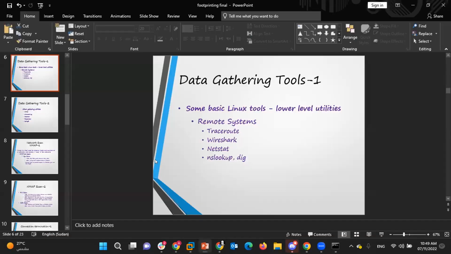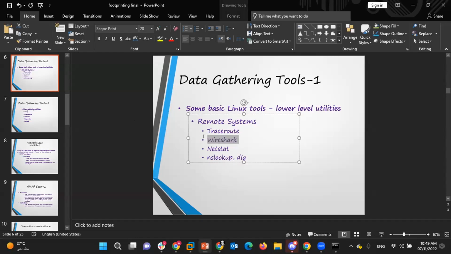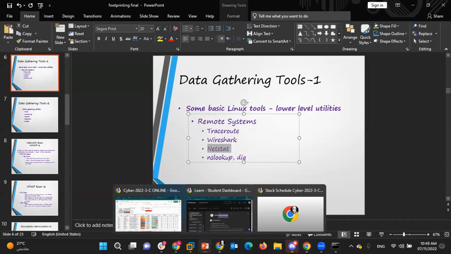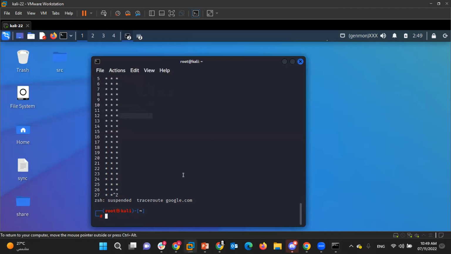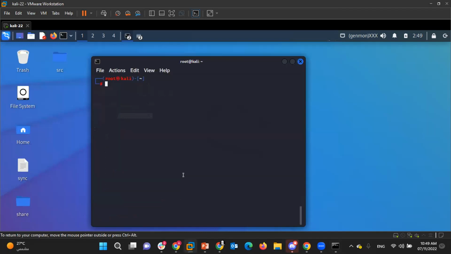So let's go back. All of us work with Wireshark. Netstat, okay. For the port as we remembered, netstat -antp.